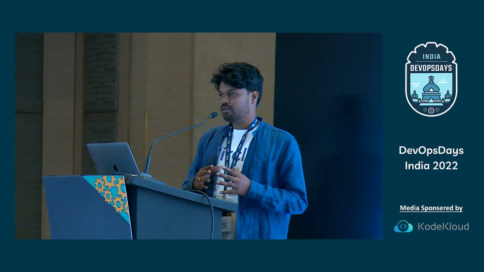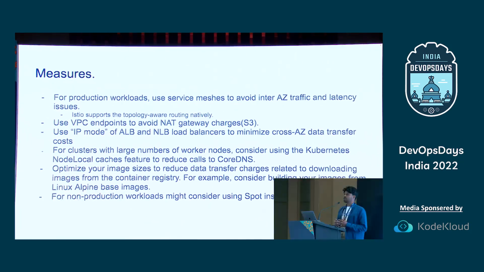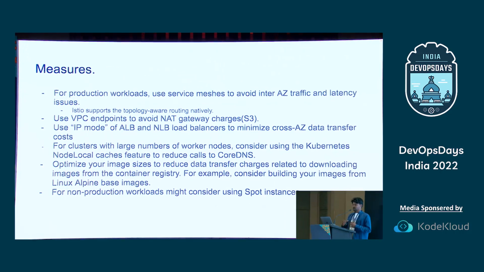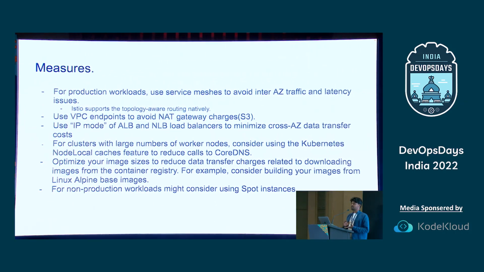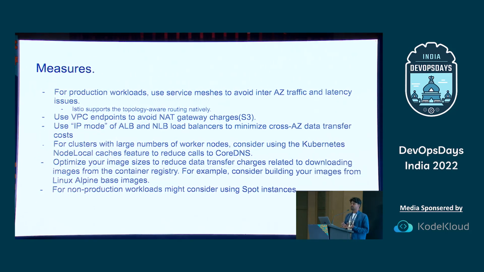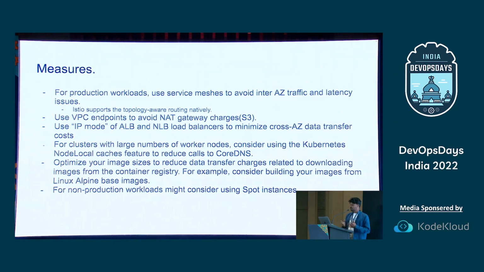And for clusters with larger worker nodes, we all know that CoreDNS takes care of the DNS part in the Kubernetes cluster, and you can minimize the traffic to CoreDNS. It's not possible to limit CoreDNS because it is the DNS of the Kubernetes cluster, but you can use something like node local cache. And also you can use smaller images.